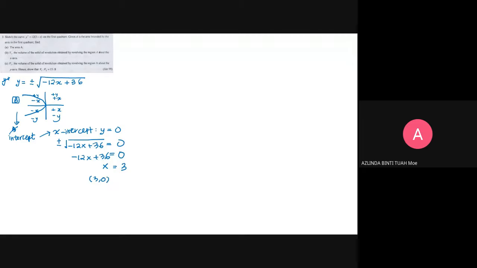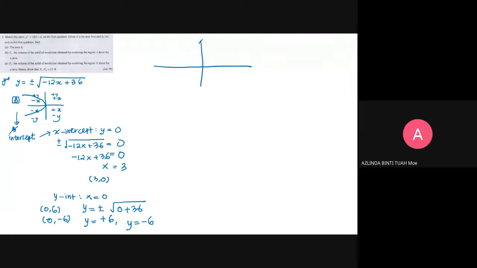That is the x-intercept. For the y-intercept, it happens when x is 0. So y equals plus minus the square root of 0 plus 36, meaning that the y-intercepts are at positive 6 and negative 6. So it is (0, 6) and (0, negative 6). I think we have enough information to sketch the graph.